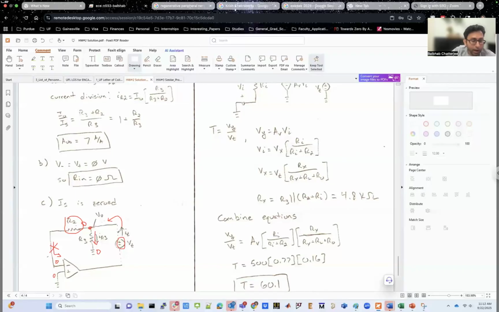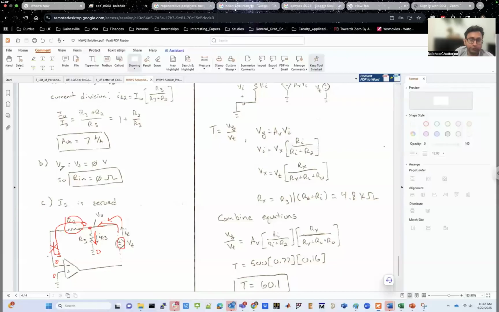Now, the current coming out of your test voltage source in that case is going to be 0 because there's no current going into the op-amp. There's also no current going to ground over here. That's what we just figured out. So if there is 0 current coming out of your test voltage source, the voltage over 0 current, that ratio is your output resistance. So voltage over 0 is infinite. So your output resistance is infinite.